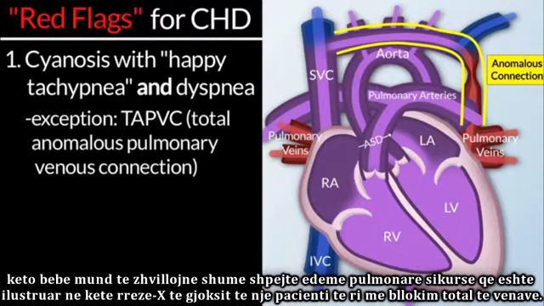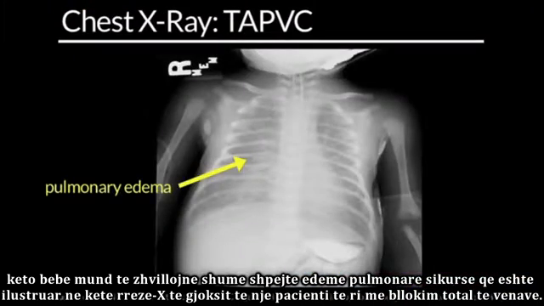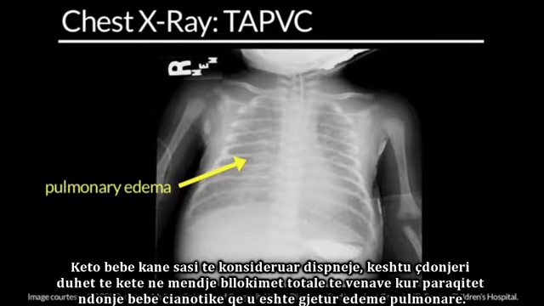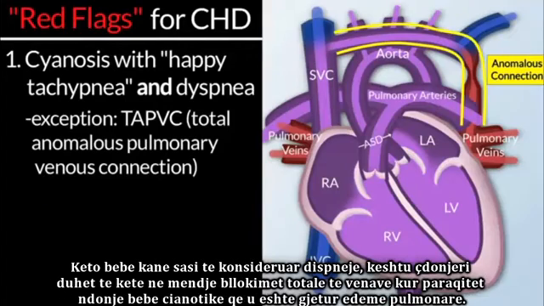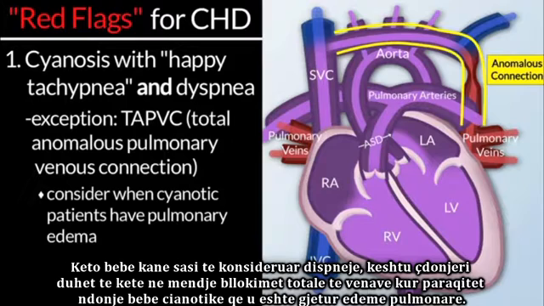These babies can develop very severe pulmonary edema, as is illustrated on this chest X-ray of a young patient with total obstructed veins. And these babies will have a considerable amount of dyspnea. So one always has to keep obstructed total veins in mind when presented with the cyanotic baby that has lung findings suggestive of pulmonary edema.